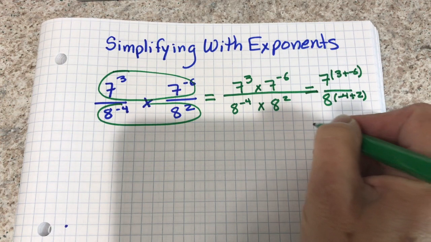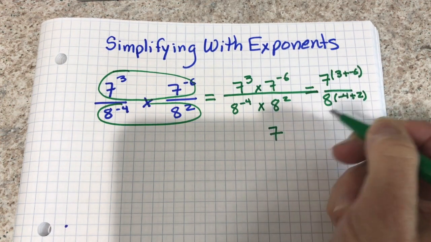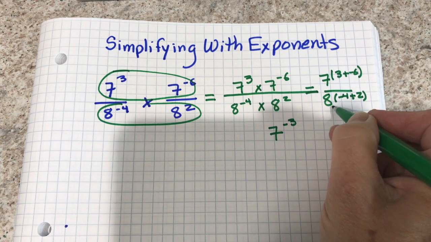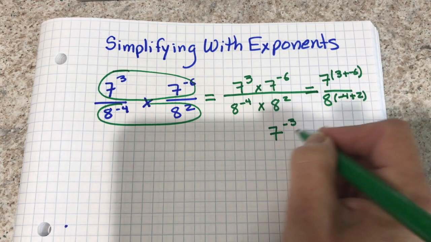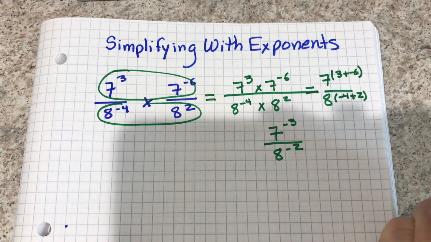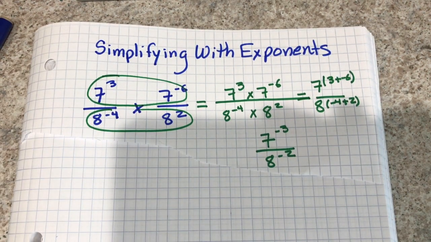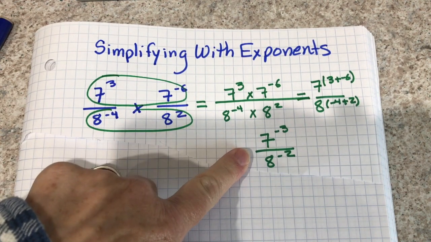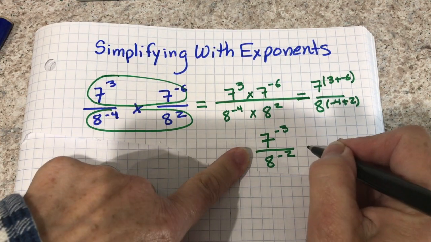When we simplify that, we end up with 7. 3 plus negative 6 is the negative third power. Negative 4 plus 2 is 8 to the negative 2 power. When we're done, we want to make sure that we rewrite the exponents as positives.